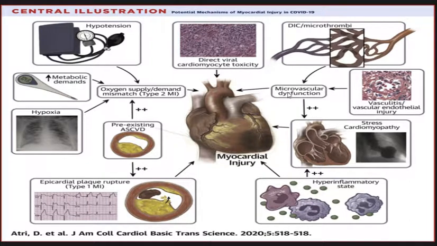That microvascular dysfunction and vasculitis causes endothelial injury, which is going to cause myocardial injury noted here and the necrosis. That's going to be manifested on your EKG as ST segment elevation. These pre-existing plaques will then rupture, causing it. There's also going to be hypoxia and that ground glass on the x-ray that you're going to see from ARDS. And that's a hyperinflammatory state at this point.